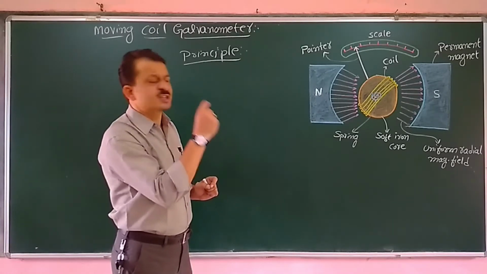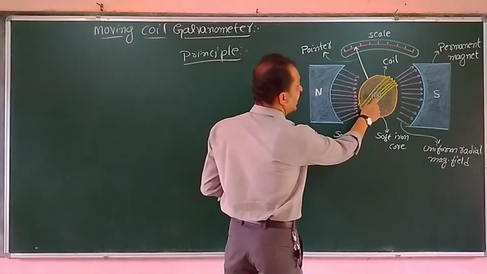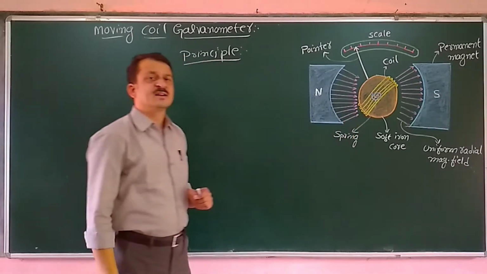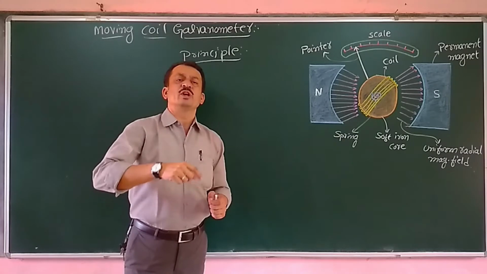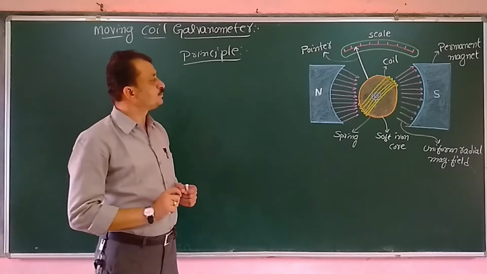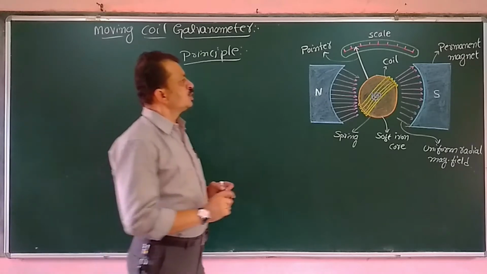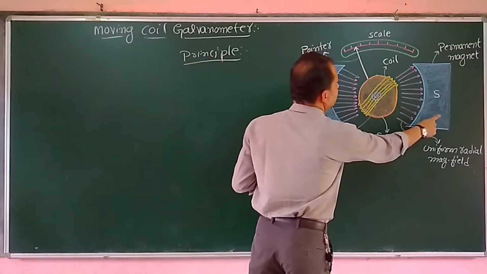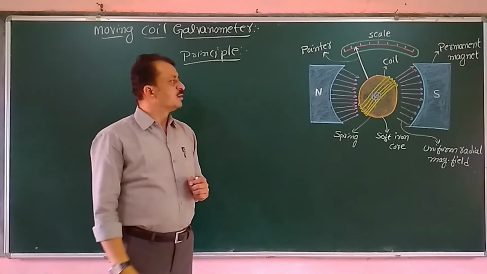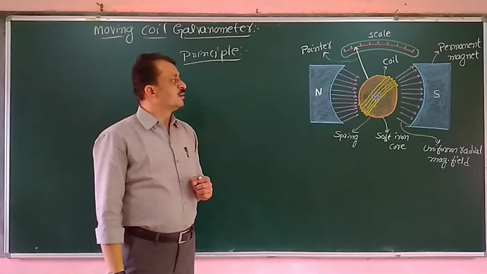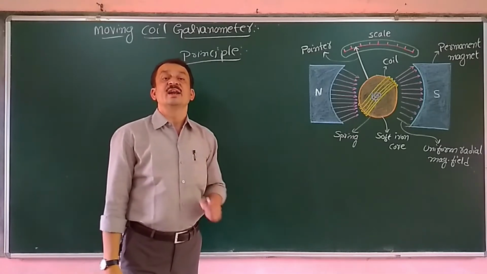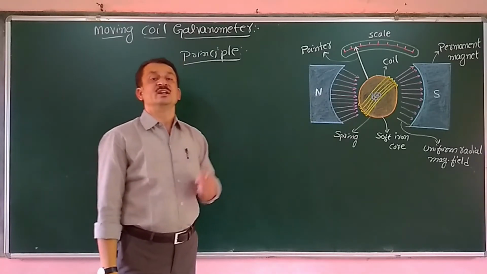This system is attached to a spring at the center and it is pivoted to make free rotation. Two strong permanent magnets are placed so that those two magnets provide a radial magnetic field.